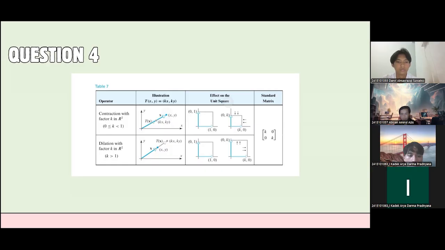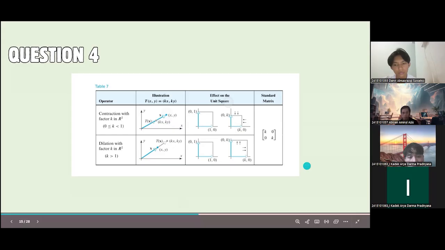The same with the second relation with vector k in R2. When k is bigger than 1, for example 2, 3 or more than that, the result will be bigger than in example number 1. So you can see in this effect on the unit square, the square is bigger than the first square.